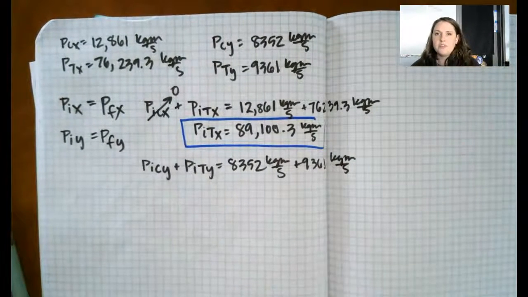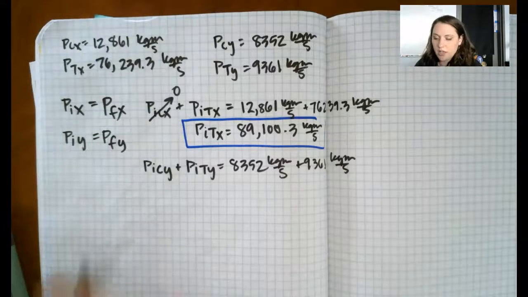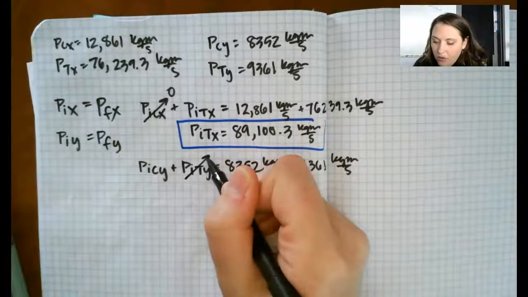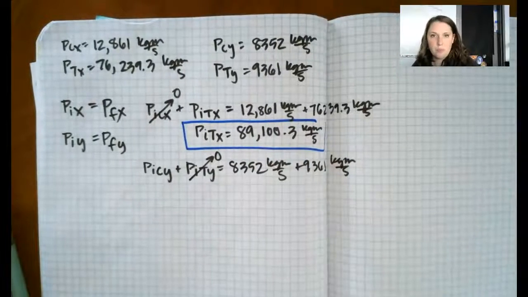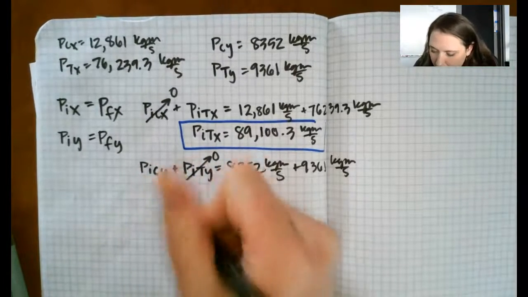Again, you've got this scenario where the car is moving vertically and the truck is moving horizontally. So the truck has no vertical momentum before the collision. So again, this makes this a very easy problem to solve.